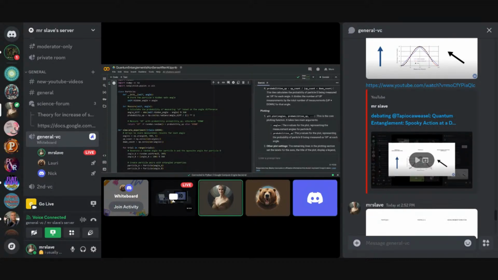Nick, I'll talk to you as much as you want after. Lori, if Lori is talking to me, but you're not being honest about this. You're lying about this because you're taking in the angle differential to calculate if it's up or down. He can see the code. I'm not lying. The code is visible. It's public. You are lying though. You're saying that the particle doesn't factor in the properties of the other.